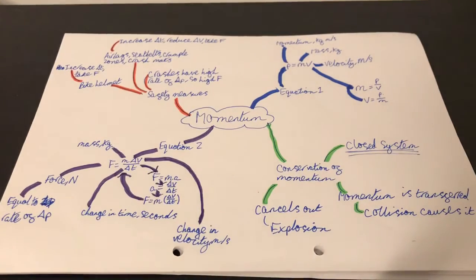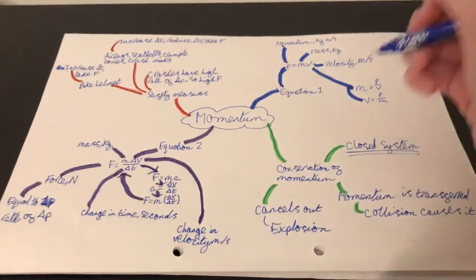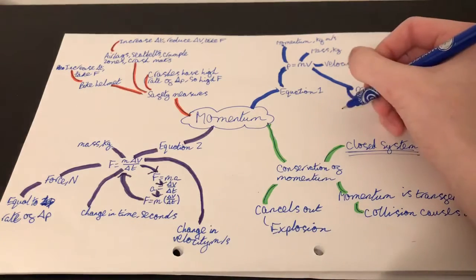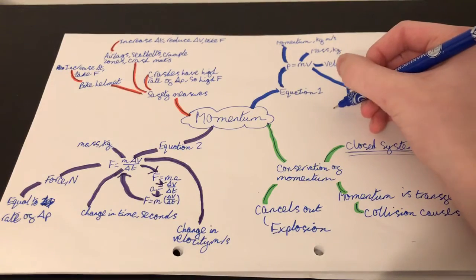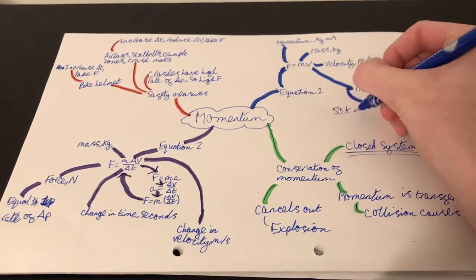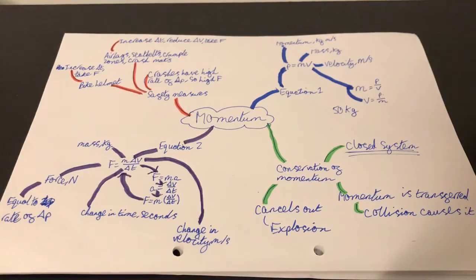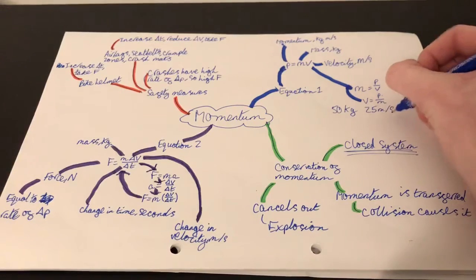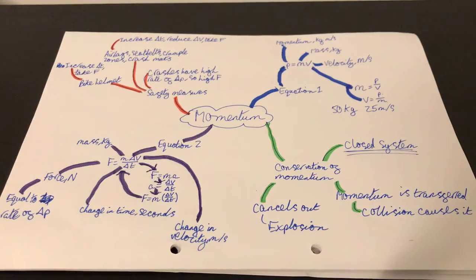So, in the exam you might get asked, what is the momentum of a car weighing 50 kilograms, and it's travelling at 25 meters per second. So, what would you do in this situation?